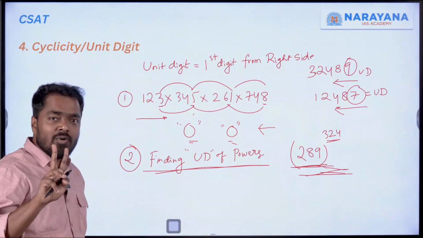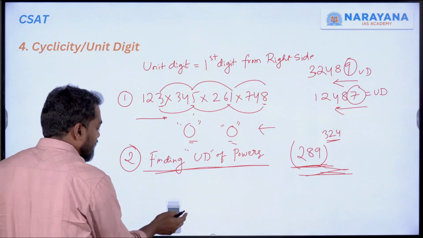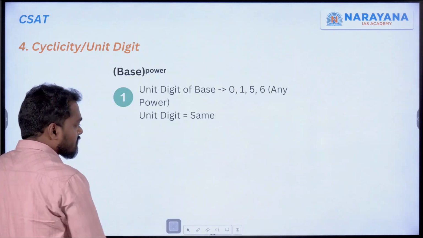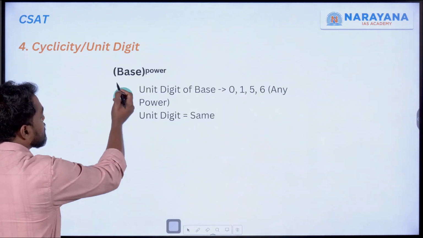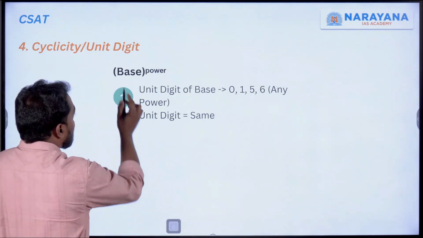Now there are two important rules for solving these kind of questions. The first one is, these are basically base to the power.